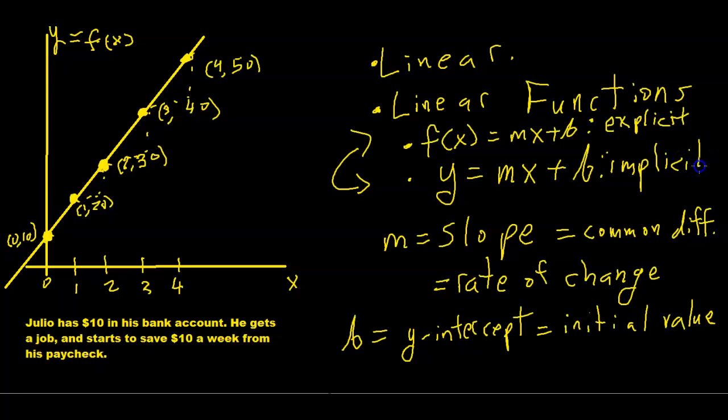Because written this way, it still is a function, but we're not outright telling you it's a function by actually using the function notation. So the fact that this is a function, we can think about it as being implied. So we call this implicit form. Just remember that when we write a linear function as f of x equals mx plus b, we call that explicit form. When we write it as y equals mx plus b, we call that implicit form.